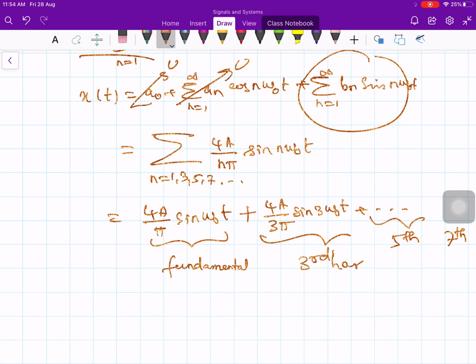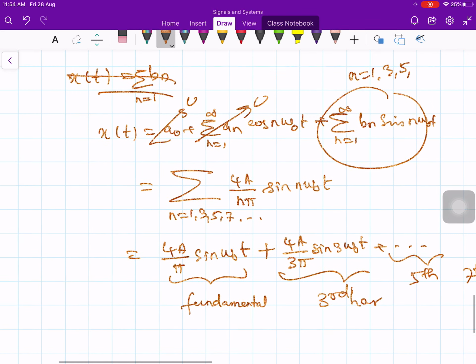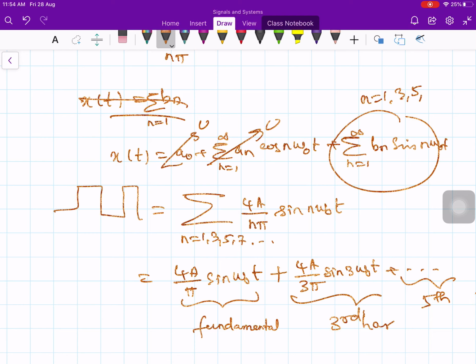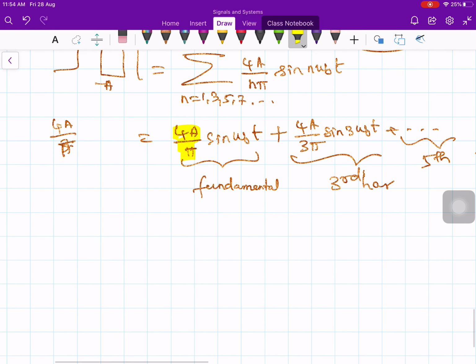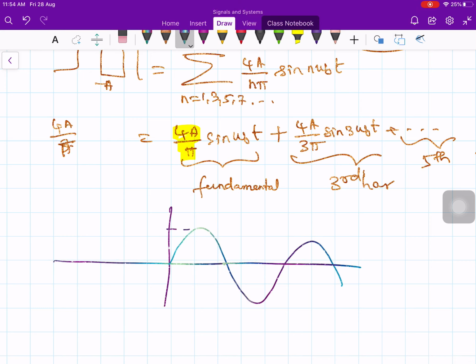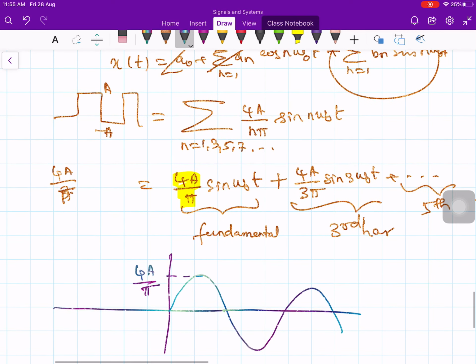Okay, so if you take a square wave like this, with the amplitude a and minus a, the fundamental component has an amplitude of 4a over pi. So that's what you can look at here. The fundamental will be something like this, but its magnitude is 4a over pi. What is the magnitude of the third harmonic? The third harmonic will be 4a by 3 pi.